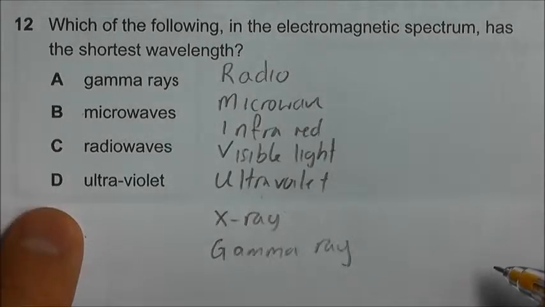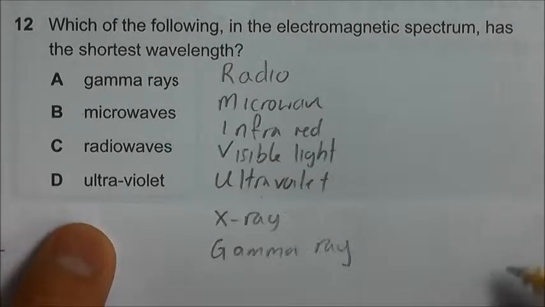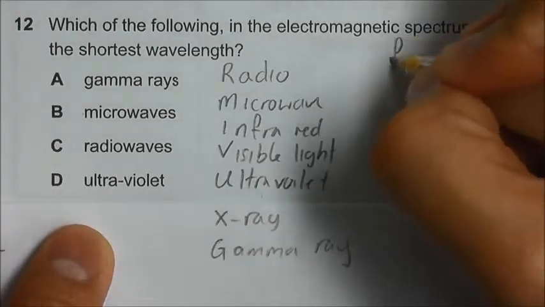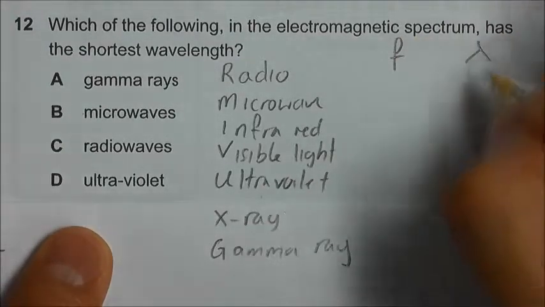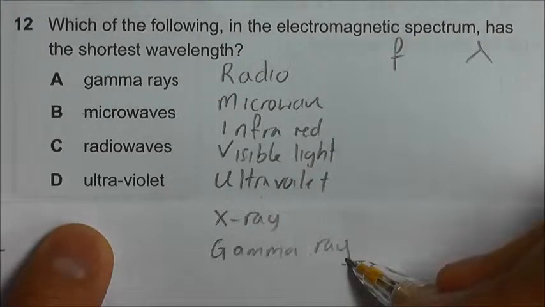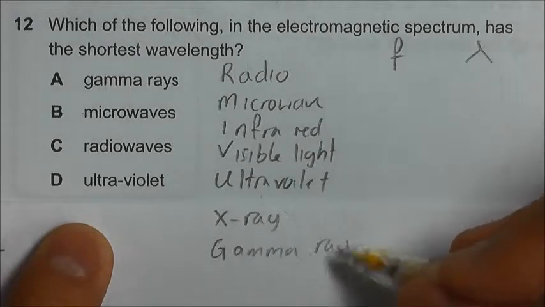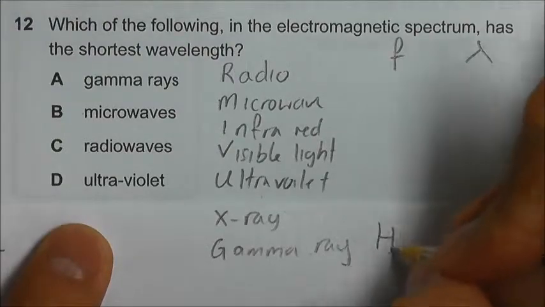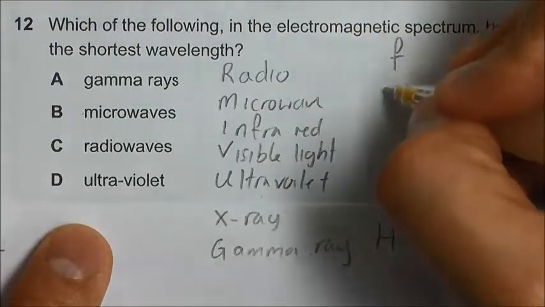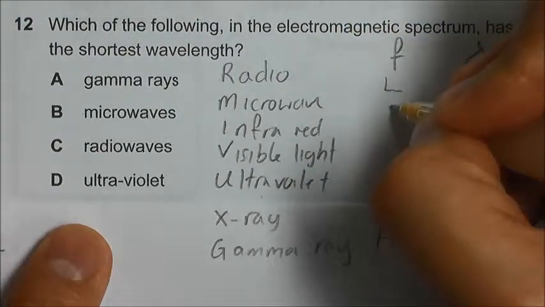So we need to know the order of the frequency and wavelength. Just need to memorize that gamma ray has the highest frequency because gamma ray is the most dangerous ray here. So this will be the highest, and of course radio wave will be the lowest frequency.